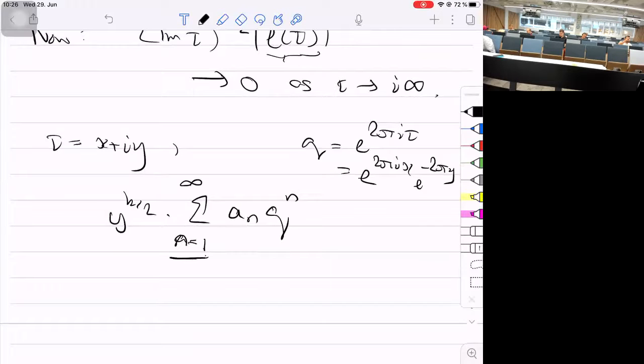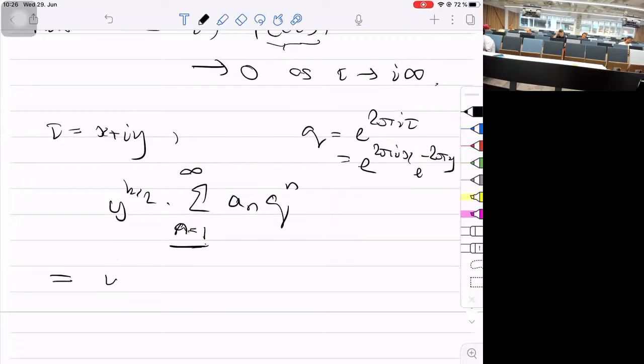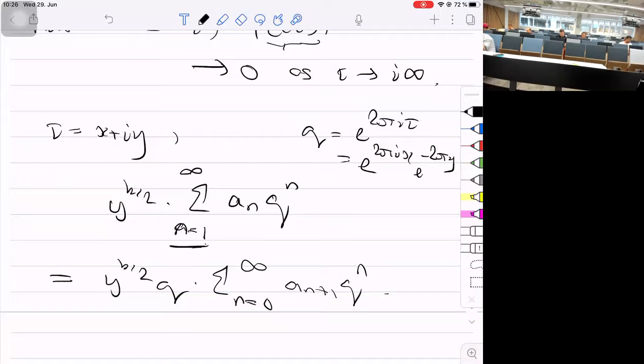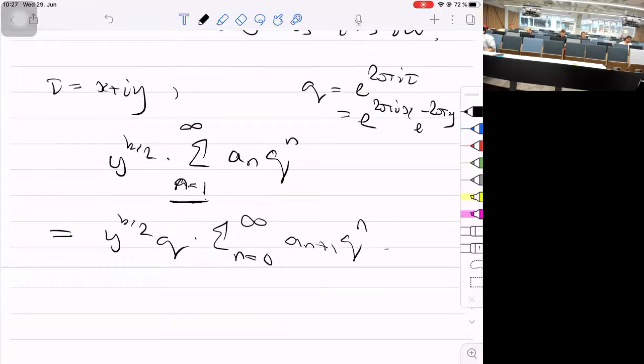So since n runs from 1 to infinity here, we can pull out a factor of q and write this as the sum from 0 to infinity of a_(n+1) q to the n, or whatever you prefer to write there. Just pull out one factor of q, and you have some remaining bit that stays bounded as q goes to 0.